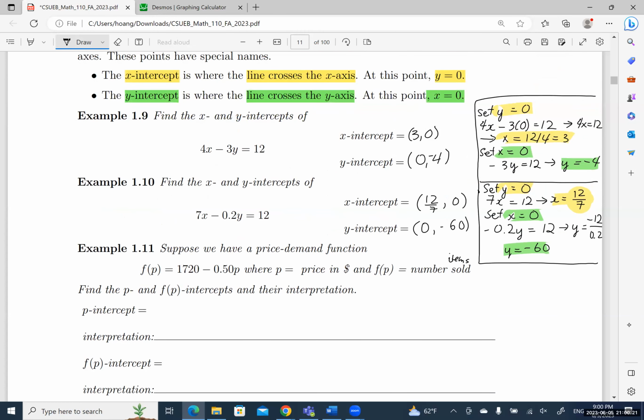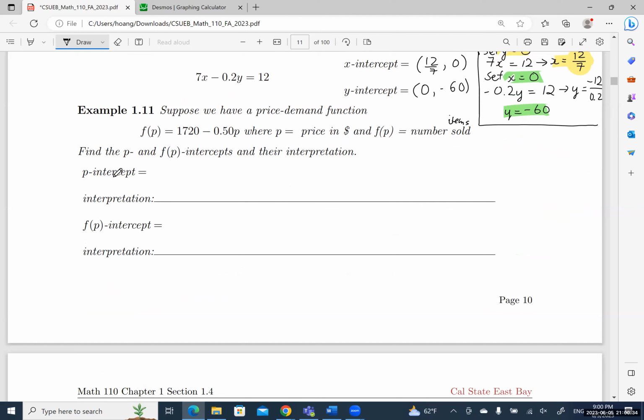Similar to when you want to find the x-intercept, you set the other variable to 0, like y equals 0, right? So in here, to find the p-intercept, you have to set f of p equals 0.